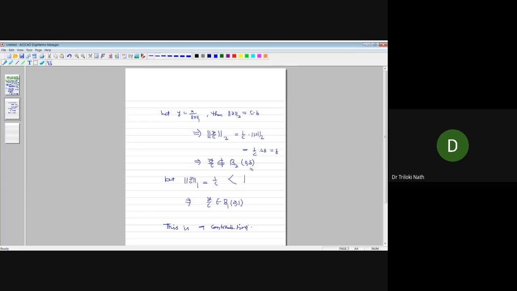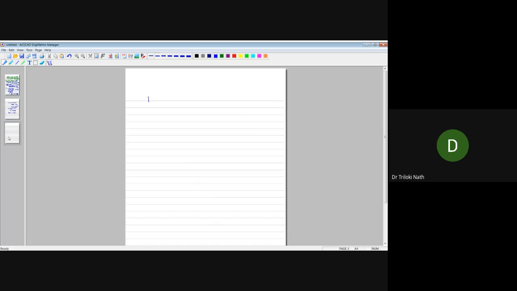And therefore we must have the result. Hence, what we have shown is norm x2 is less than or equal to delta norm x1.